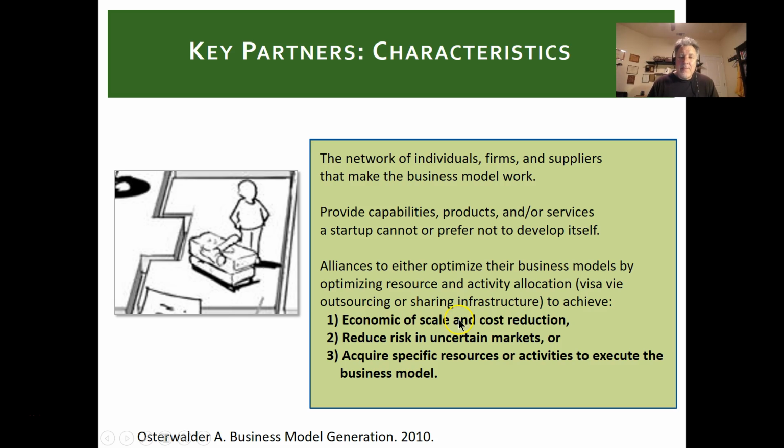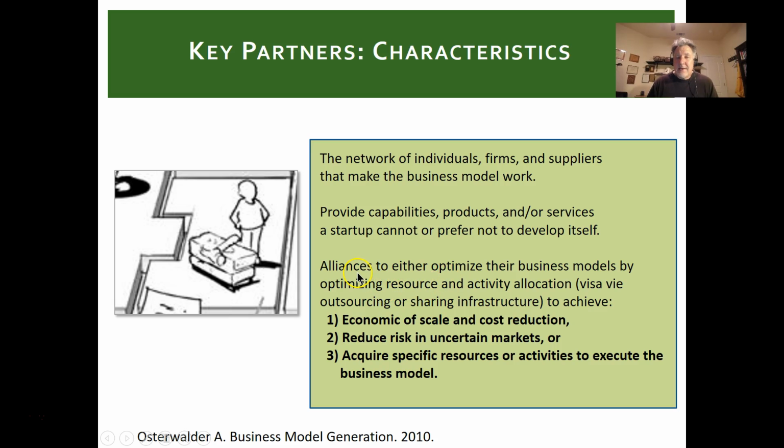And they provide the capabilities and products and services that the startup cannot or prefers not to because of cost or expertise, such as, do you want to be having a lawyer on staff that's costing you over $400 an hour, or would you much rather use legal services on an ad hoc basis that may be at $400, or maybe you can negotiate and shop around and find a little less. Okay.